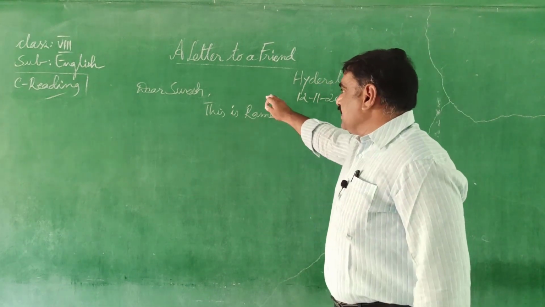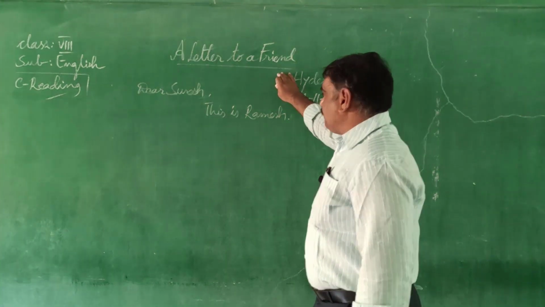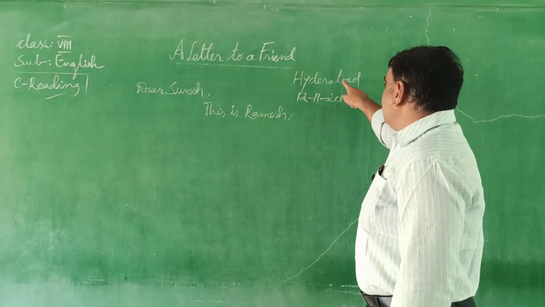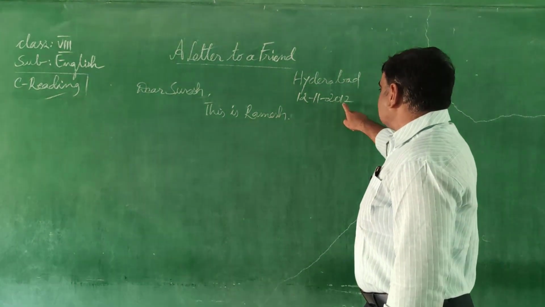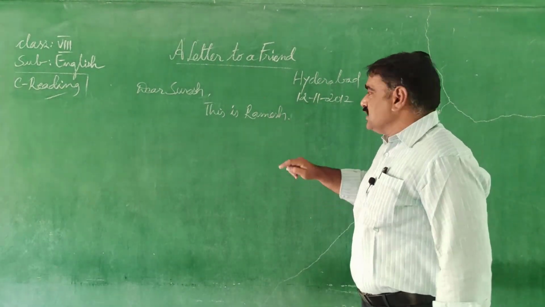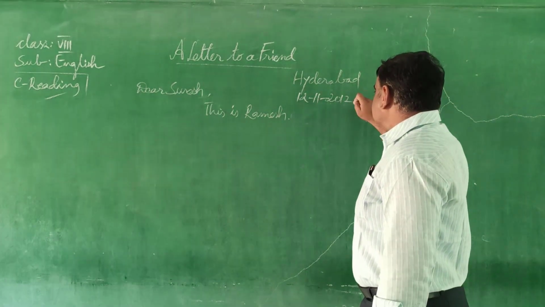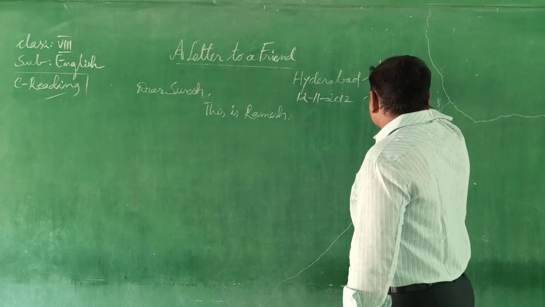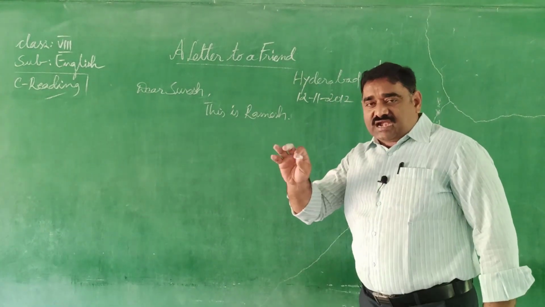Now, this is the reading passage under a letter to a friend. Whatever I told you, the same things are given here. Hyderabad, 12/11/2012. Hyderabad is the place and 12/11/2012 is the date. Of course, we have not given a clear address.